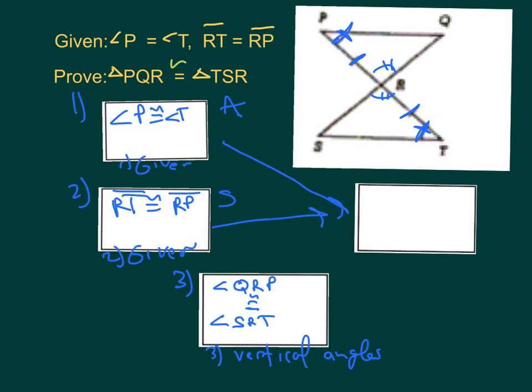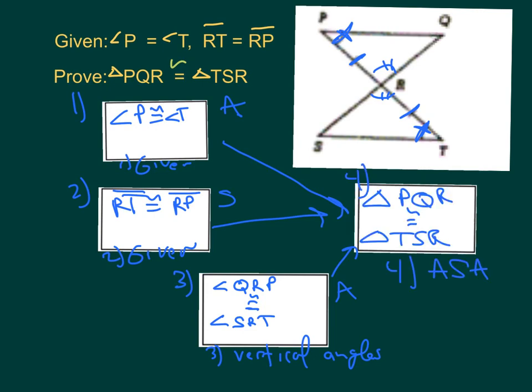This gives us an angle. So what we have here, as you can see, are 2 angles and an included side. So we can say that triangle PQR is congruent to triangle TSR because of angle, side, angle.